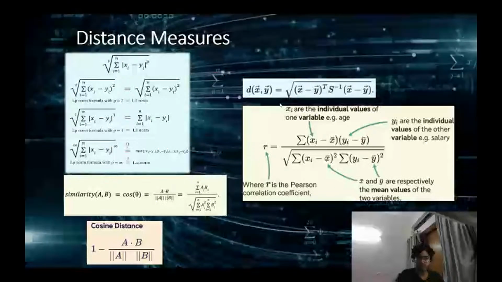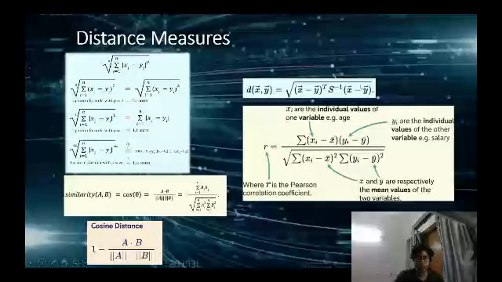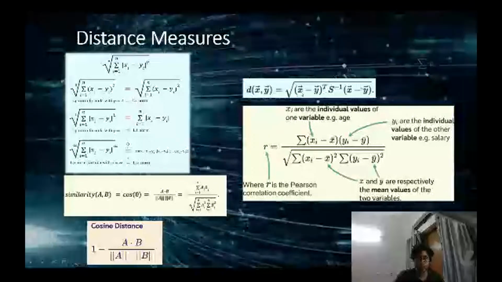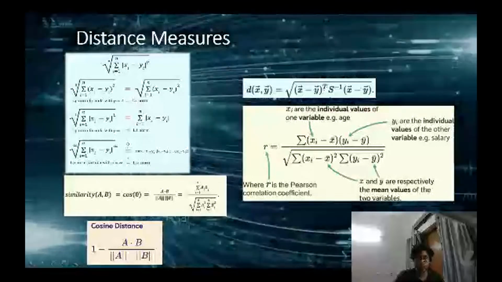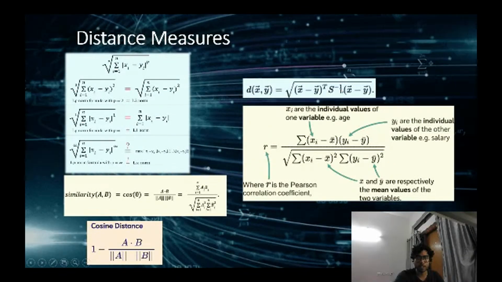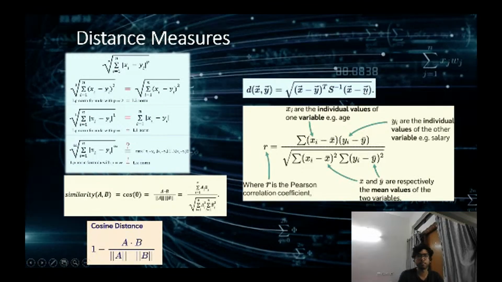Another measure is the Mahalanobis distance, which is x minus y, whole transpose, times the inverse of the covariance matrix S, times x bar minus y bar, right?